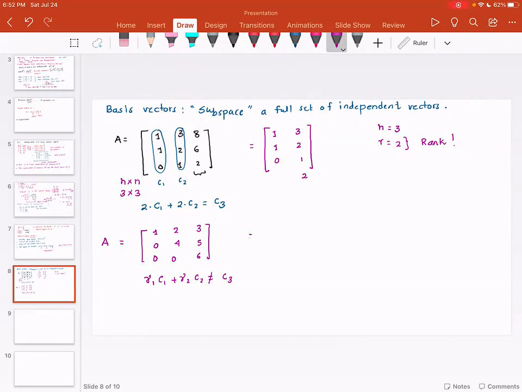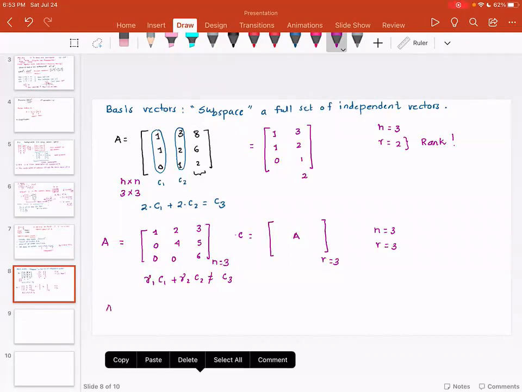So in this case, all these columns form the column space, C is equal to A. So N is equal to 3, R is equal to 3. So N, the size of the matrix, is equal to the rank of the matrix.